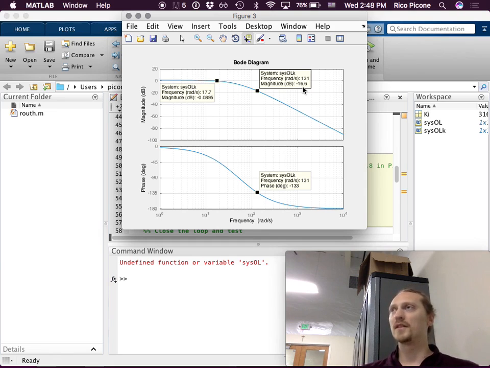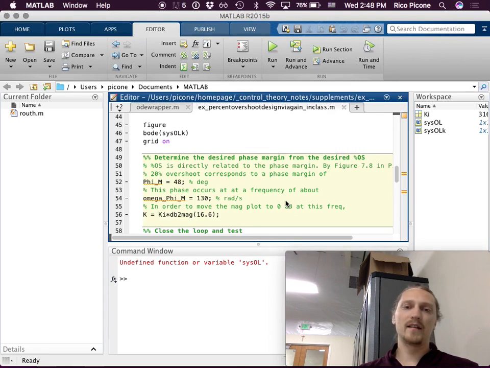It's just going to shift this up to 0 dB. So let's do that. Our gain for the system is going to be our initial gain, the gain that we used to just get a definition of the phase margin in the first place, multiplied by 16.6 dB in terms of magnitude.